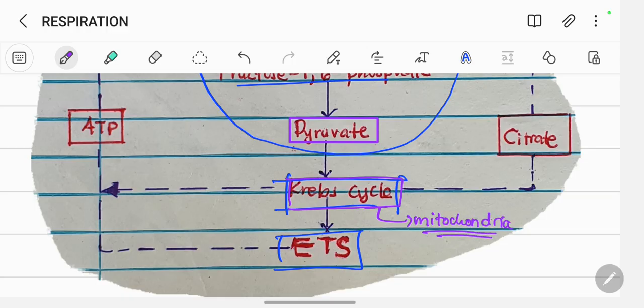In our mitochondria, we have production of citrate, the 6-carbon citric acid compound we formed after adding acetyl-CoA to oxaloacetic acid.